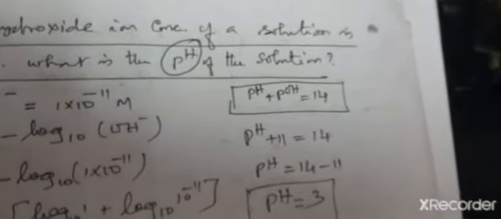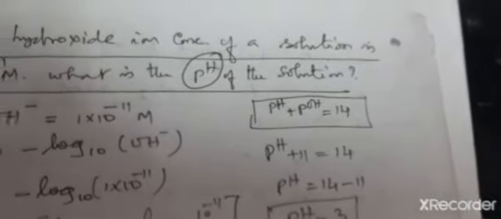So using the simple formulas, there are only three important formulas: pH is equal to minus log 10 H plus, pOH is equal to minus log 10 OH minus, and then the relationship between pH and pOH, 14.